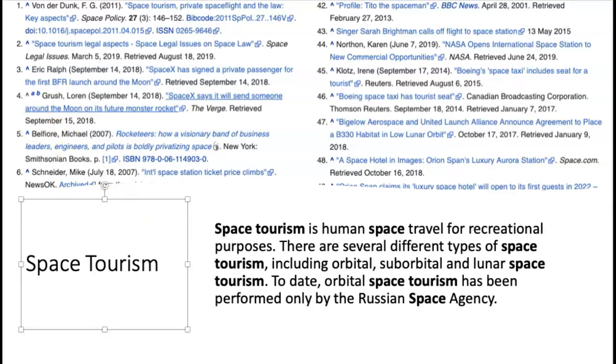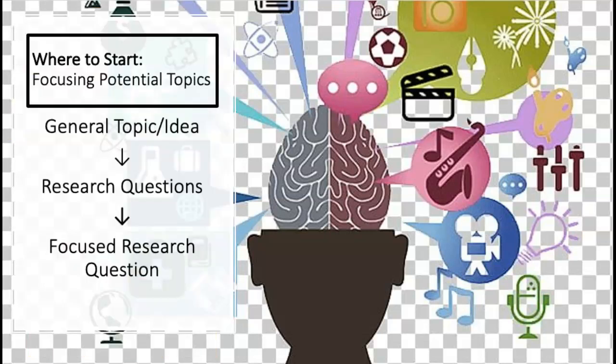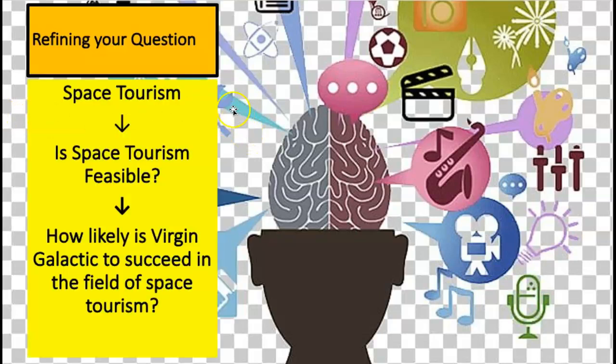So going back to this idea of refining your question, making it narrower and more focused, let's look at the stages. I said before that we had our general topic, we then came out with a research question, and then we focused that research question. Well, let's have a look at this example now.